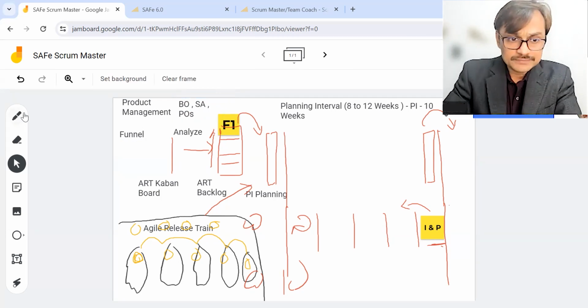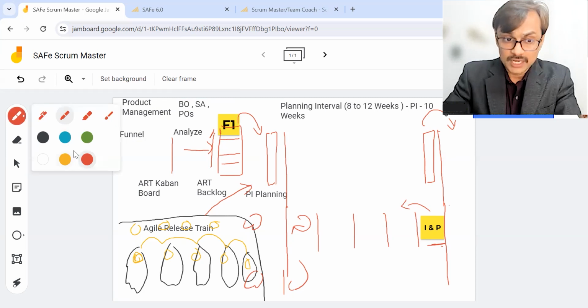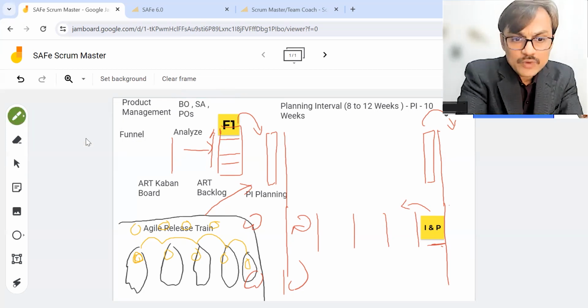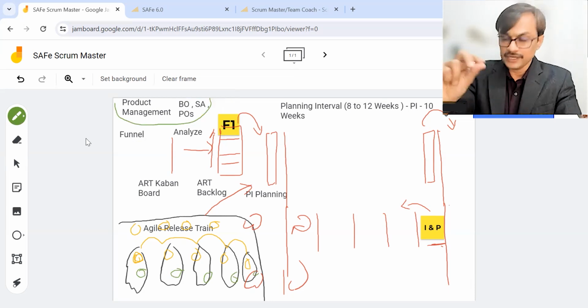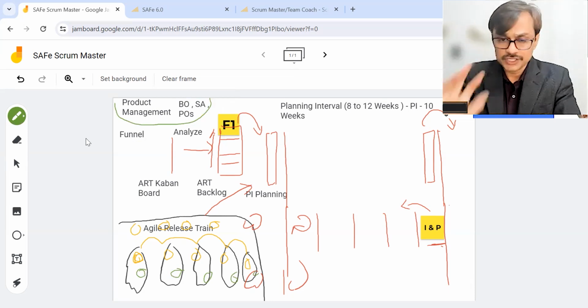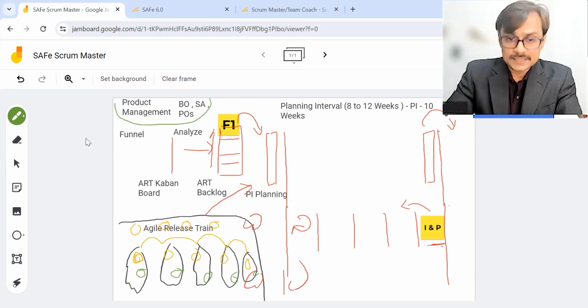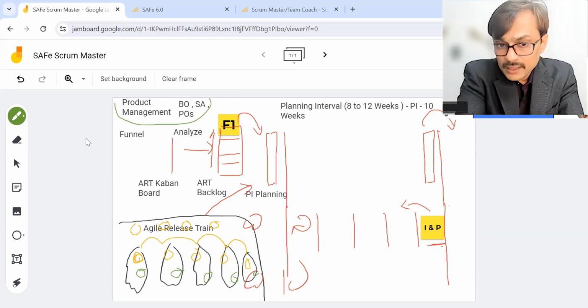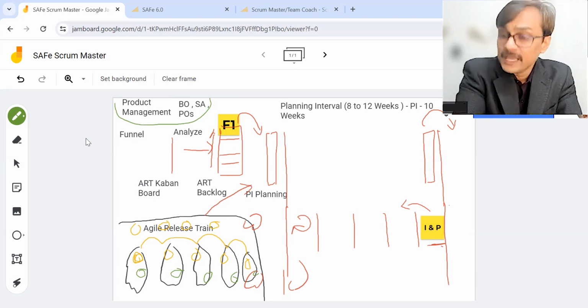So our team, meaning a small agile team, is expected to have its product owner. These product owners are also involved when product management is leading the activities of refining the ART level features. Now, once the refinement is done, ideally maybe 1 or 2 weeks before the PI planning meeting.